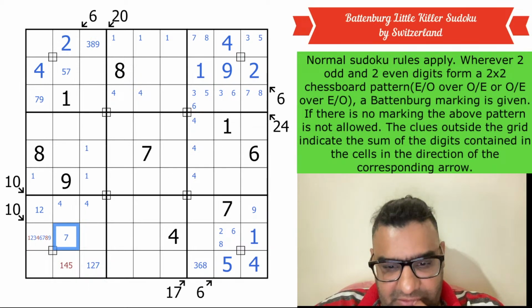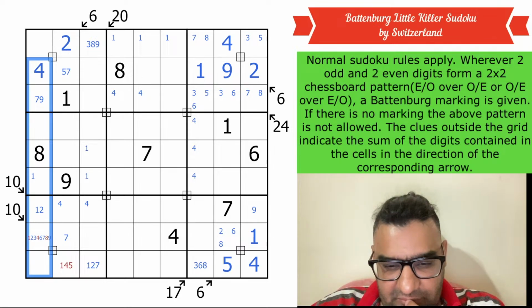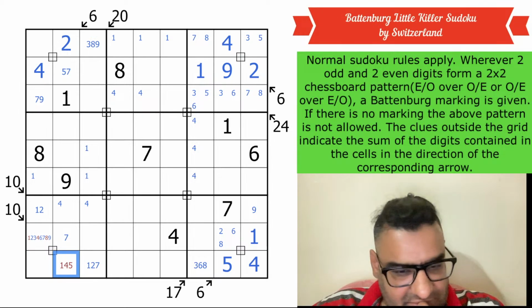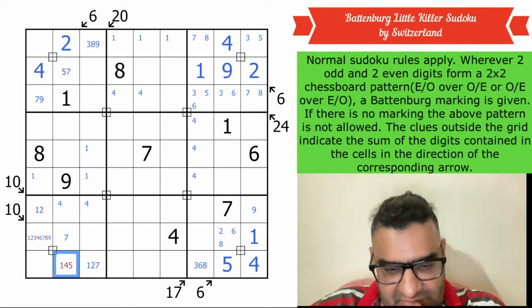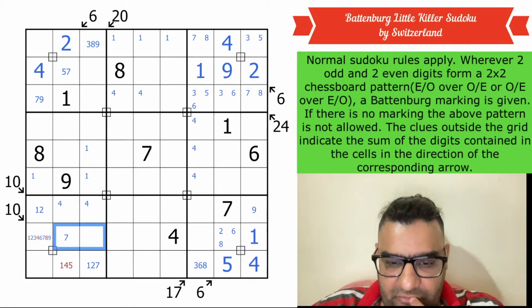I cannot put a 4 here, I cannot put a 4 in any of these. Then why is it not working? 4 is already there. 4 is here.